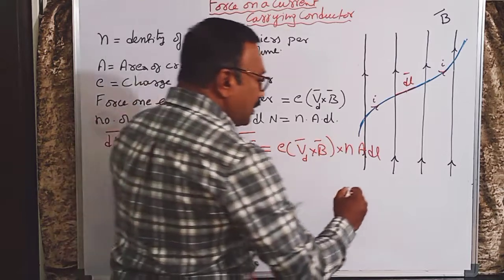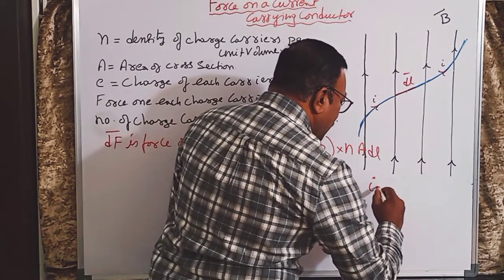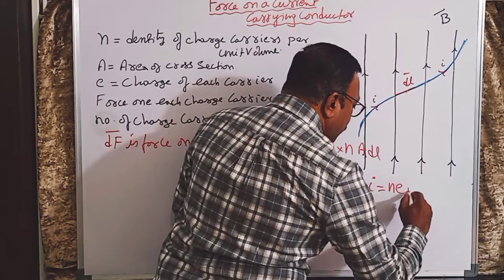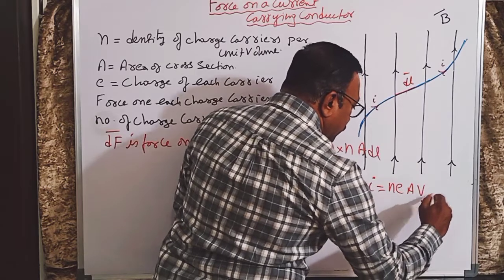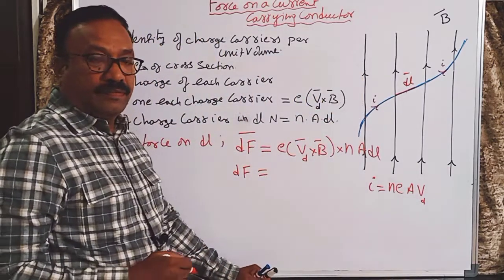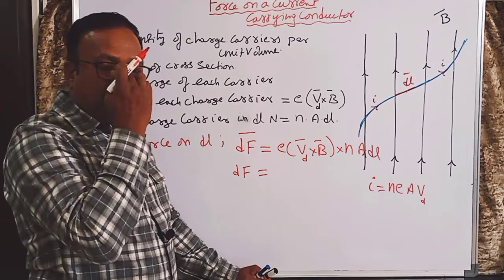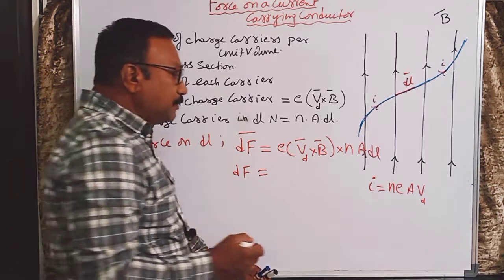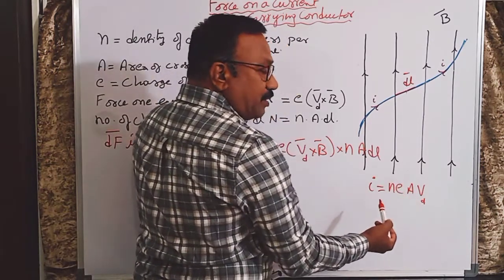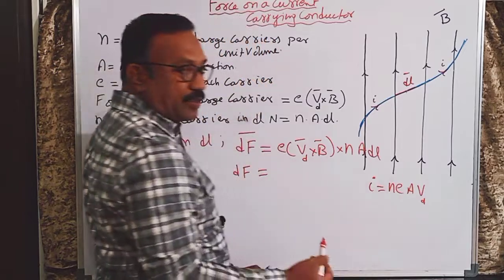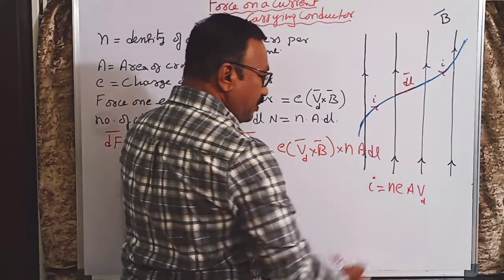You know the drift velocity formula, the relation between the current and drift velocity. The average velocity of the charge carriers inside the conductor is called drift velocity. Area, charge of each charge carrier, number of electrons per unit volume or number of charge carriers per unit volume.